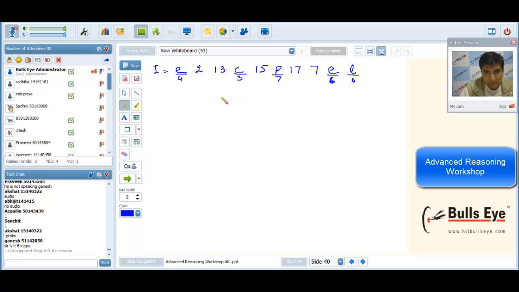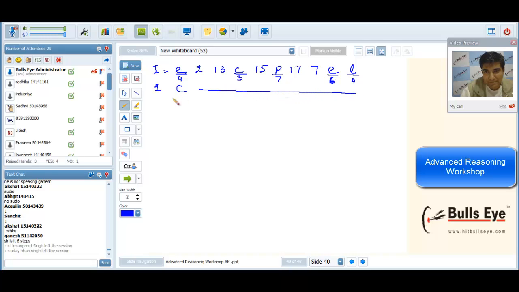Now, the process was that the word with the least number of alphabets should come ahead. So as a step 1, we should have C, then everything else should be the same.